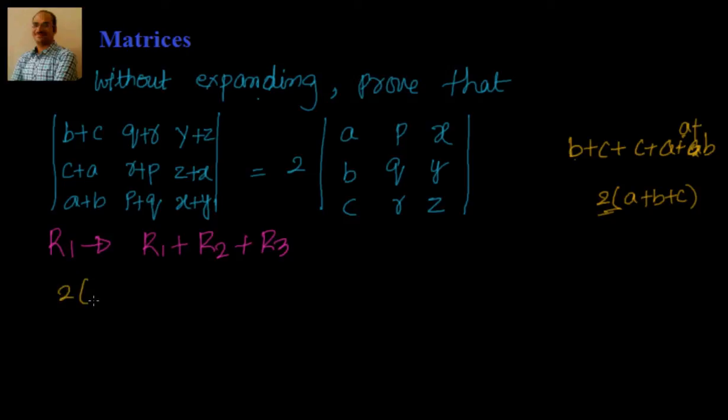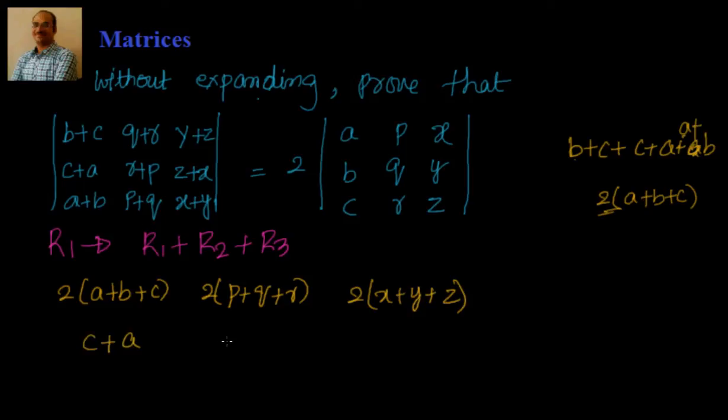If I do that, I will have 2 into a plus b plus c, then 2 into p plus q plus r, and 2 into x plus y plus z. And the remaining will stay as it is: c plus a, r plus p, z plus x, a plus b, p plus q, x plus y.